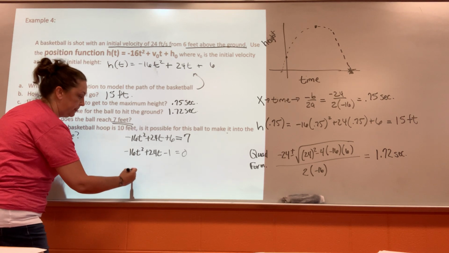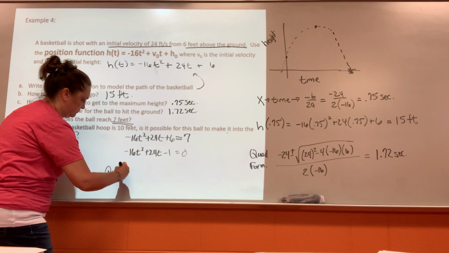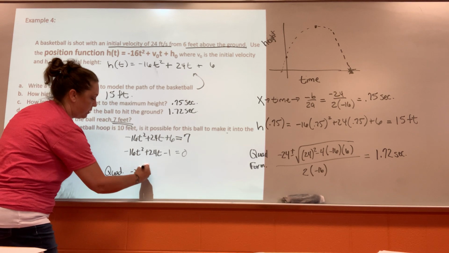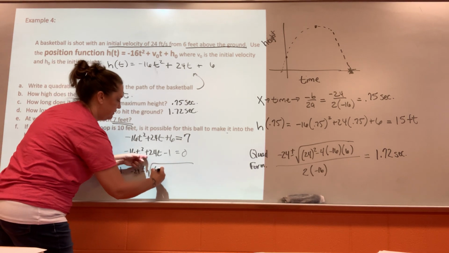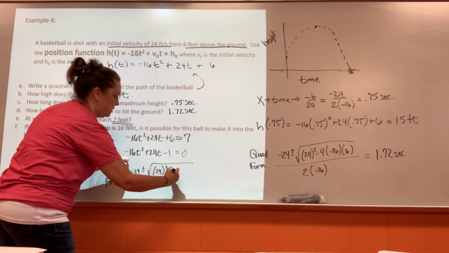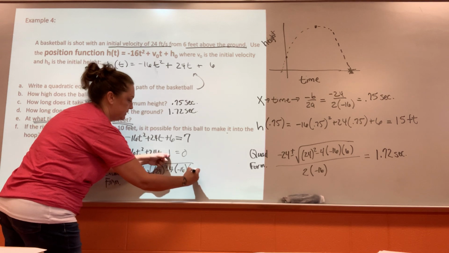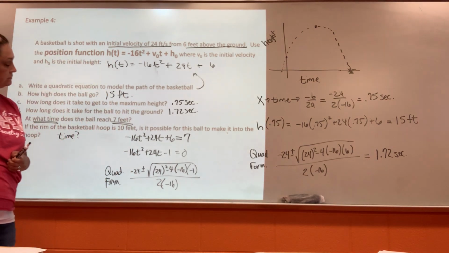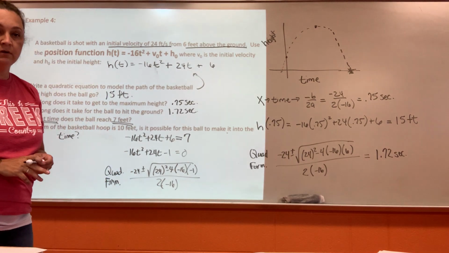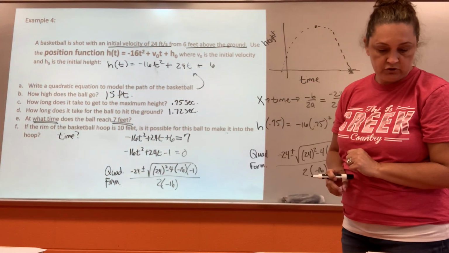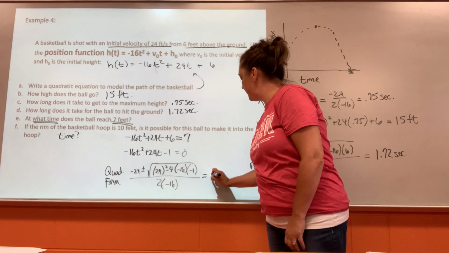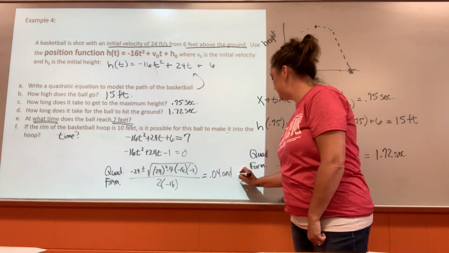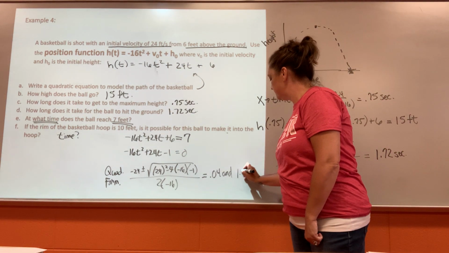So the setup for that would be negative 24 plus and minus the square root of 24 squared minus 4 times A times C all over 2 times A. Calculate your quadratic formula for that, and you should get 0.04 and 1.46 seconds.